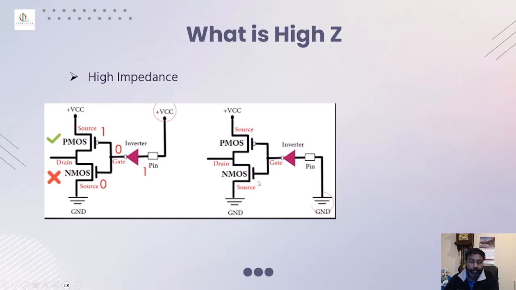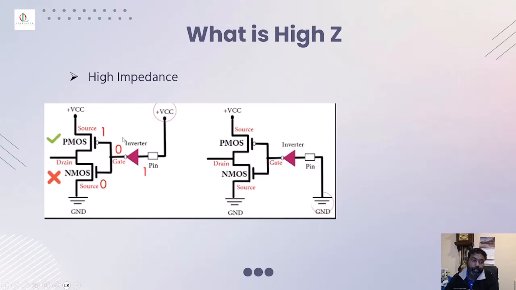Meaning if it gets only a 0 value, then it gets active, and it goes to the ground. So this can only give a 0 or what is called a floating value. That's what we measure as high impedance, because it's in a fluctuating mode between 0 and trying to get close to the VCC value. So that's the difference.